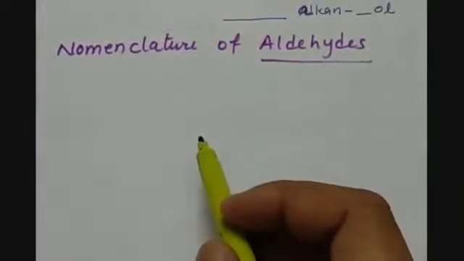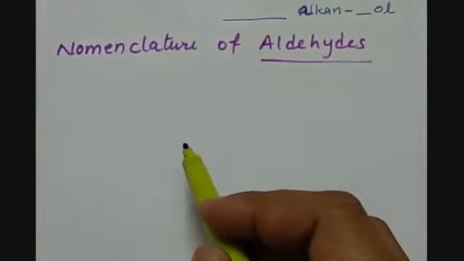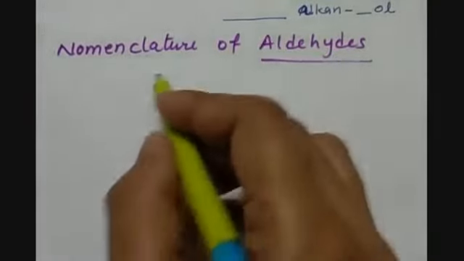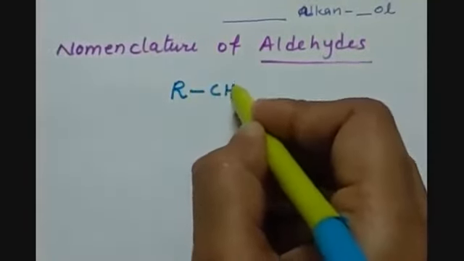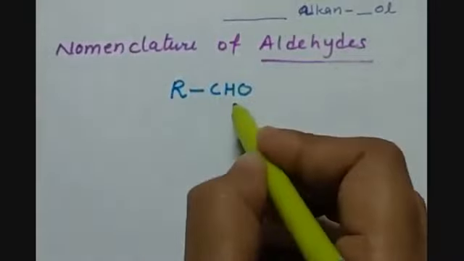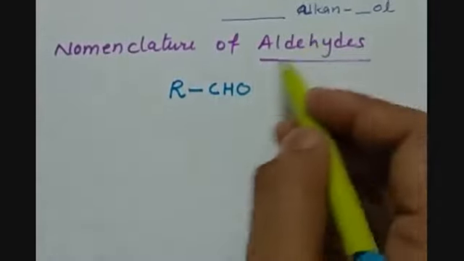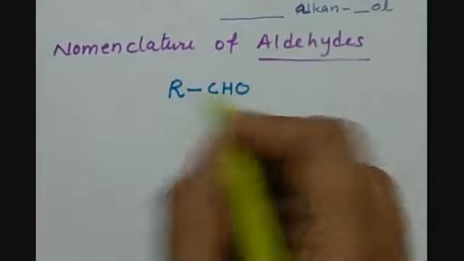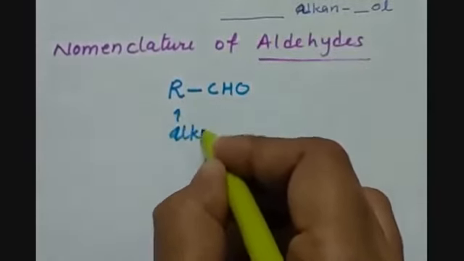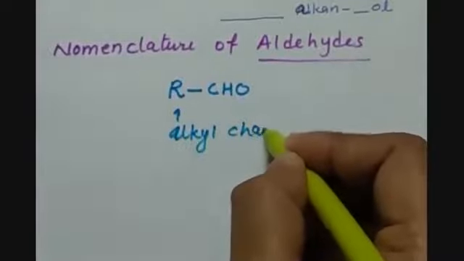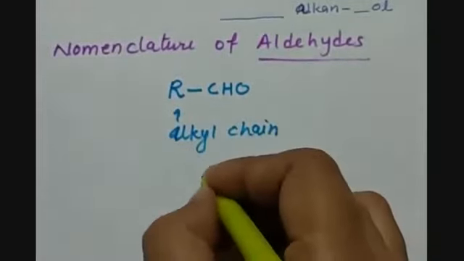Yes, so the next is the nomenclature of aldehydes. We know that aldehydes are written as R-CHO. The CHO group is the aldehyde functional group, and R is again the alkyl chain. And how is it attached?